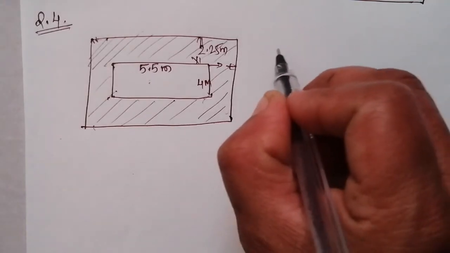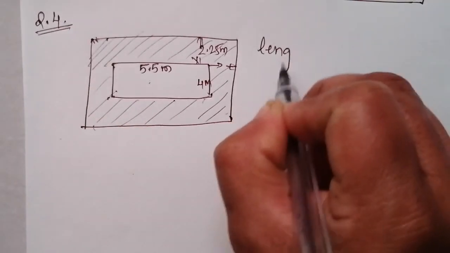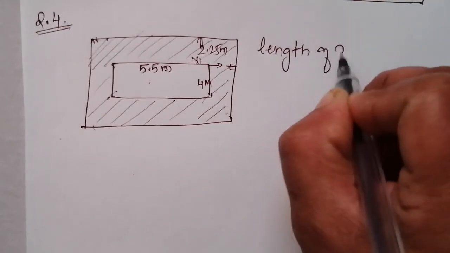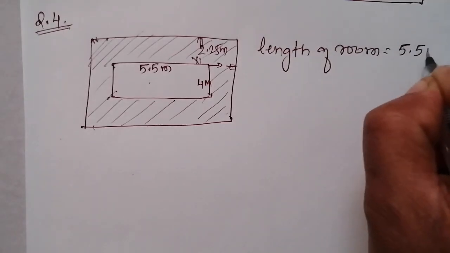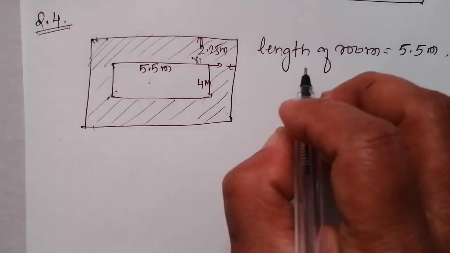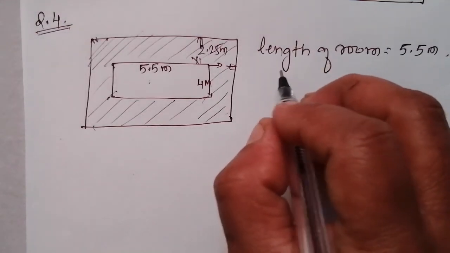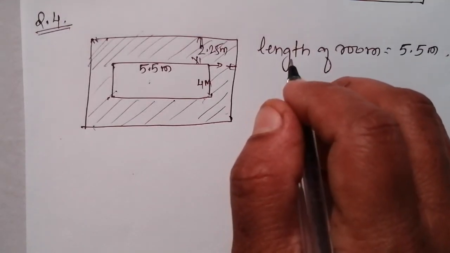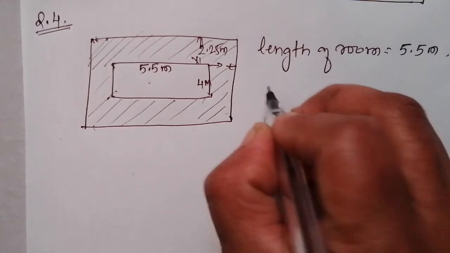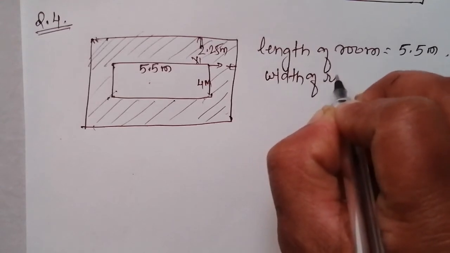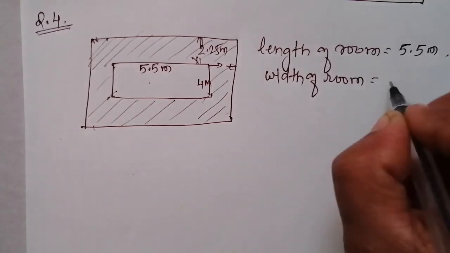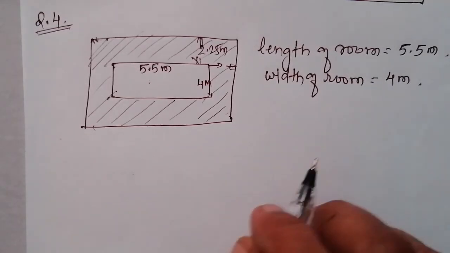Now first of all, the length of the room is given, 5.5 meter. Then the breadth, that is the width of the room, is 4 meter.